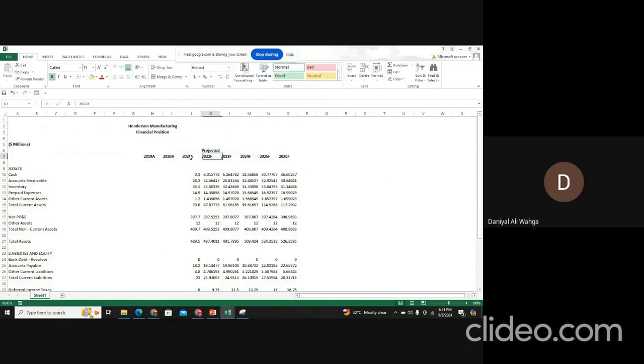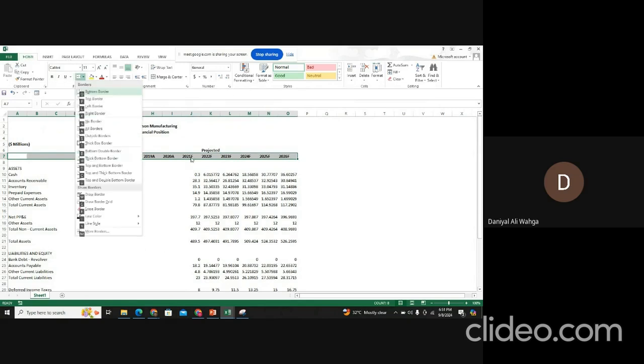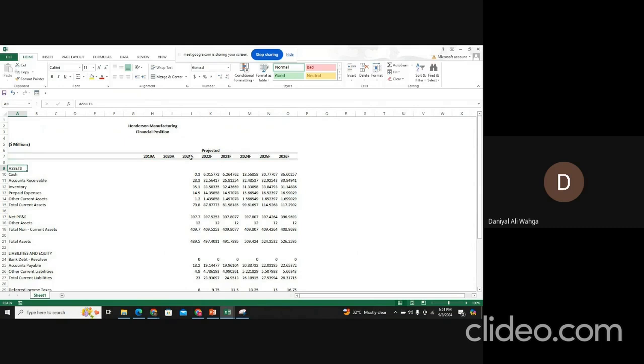These are just my headers, selecting all cells, Alt H B, and now I need to add the top and bottom border for my years.